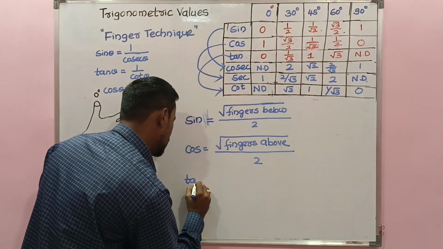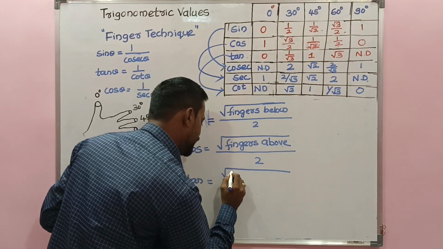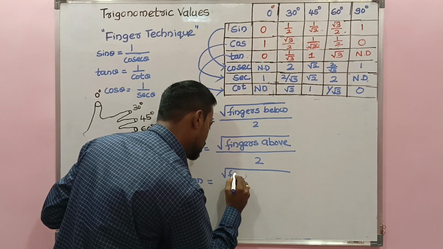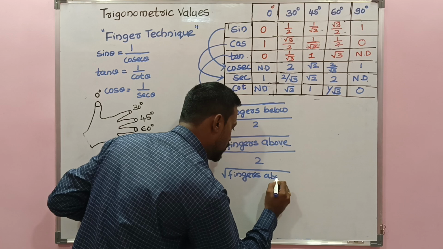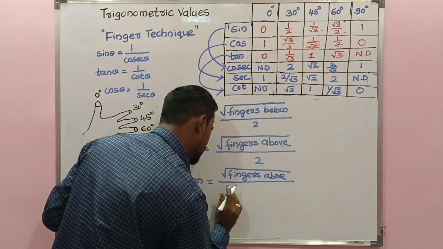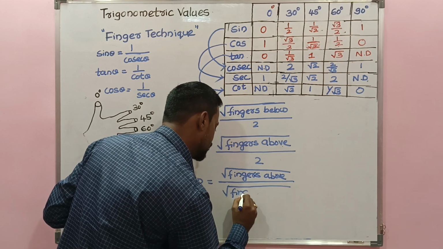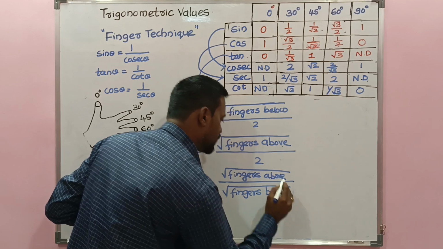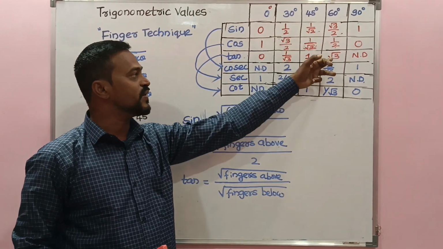For tan, it is going to be under root of fingers above, divided by under root of fingers below. If you follow these finger techniques, easily you can generate these values.